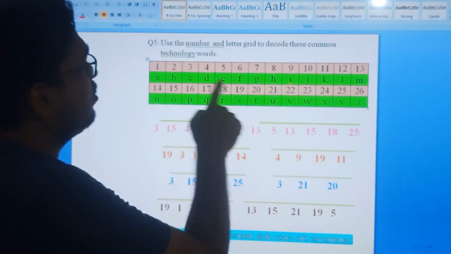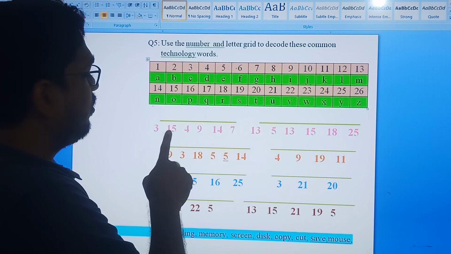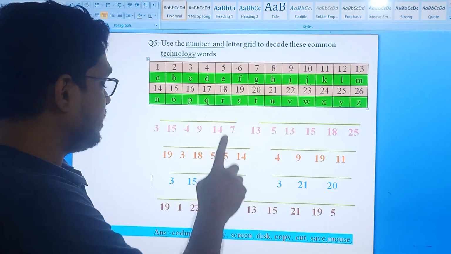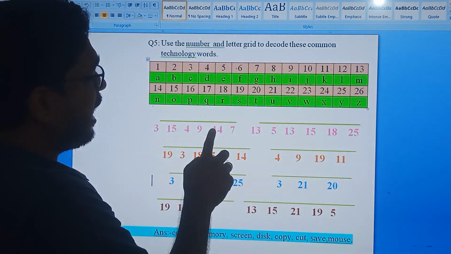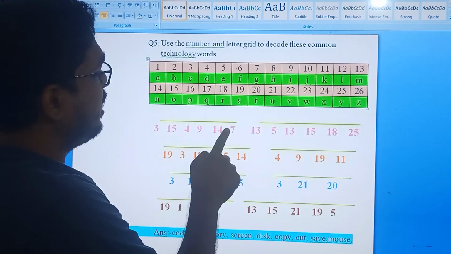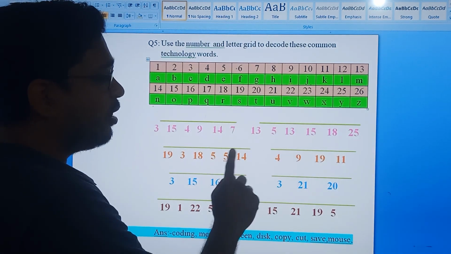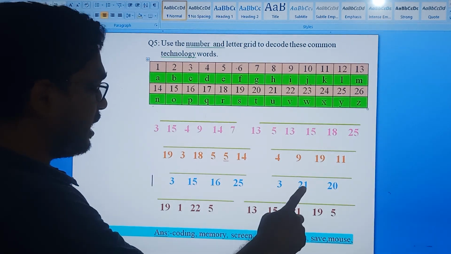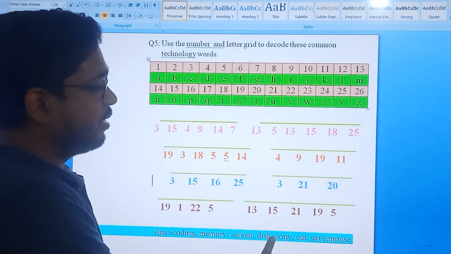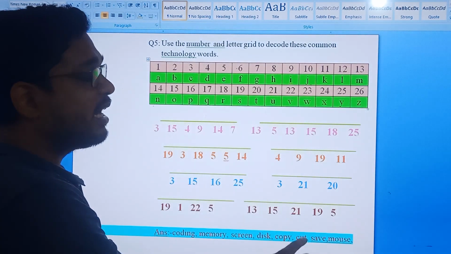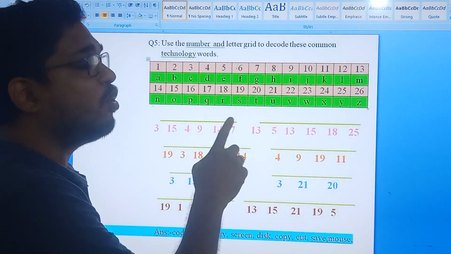Like the same, 1 to 26 is coded as A to Z, and 3, 15, 4, 9, 14, 7 is C, O, D, I, N, G. Like this, you have to solve all the rest of the numbers. The answers are memory, screen, disk, copy, cut, save, and mouse. You have to solve it on your own.